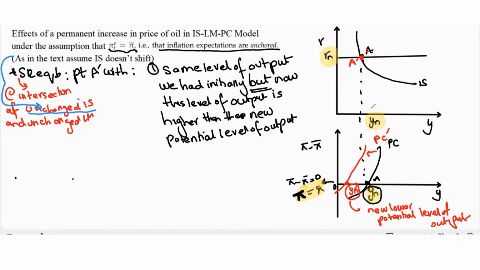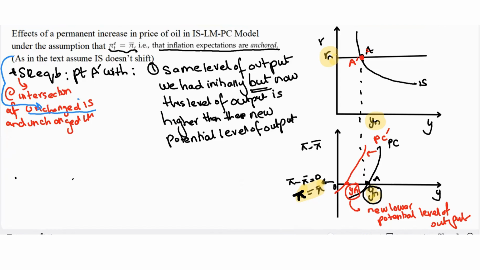Initially, when we were at point A, output was Yn and this was the potential level of output. We're still at point A, which is point A prime. But now this output level is higher than the new lower potential level of output, right? So we have a positive output gap now, right?